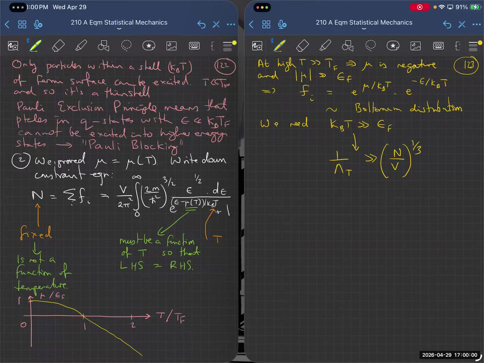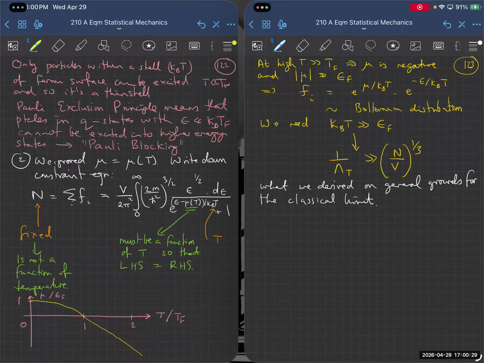And this condition is what we derived on general grounds last lecture. If we're in the classical limit, then that's what has to happen.